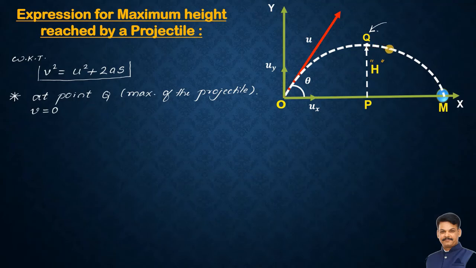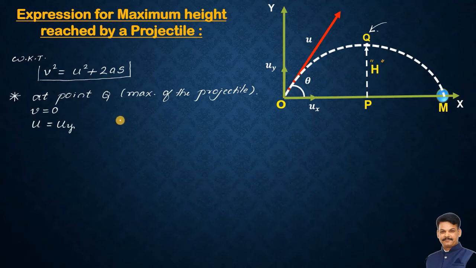After that, again its velocity goes on increasing as it comes down. So at this point, its final velocity will be 0, right? Then what about the initial velocity u? As we are considering the displacement of the object in the vertical direction, we have to consider uy, the vertical component of the initial velocity.